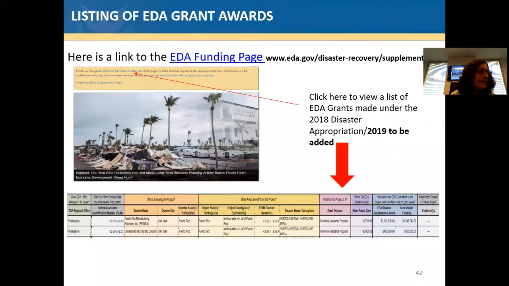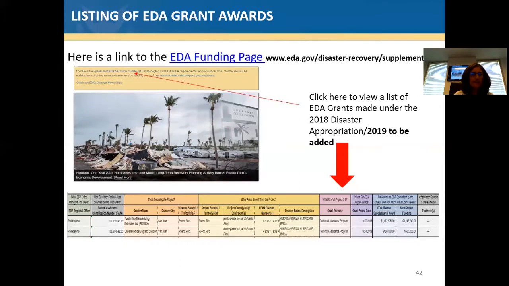I want to go back to that initial learning goal of letting you know where to go for follow-up information, and we will post these slides, and assuming the recording comes out okay, we will also post the recording on our public website. We have a web page that links to both of our recent disaster supplementals.